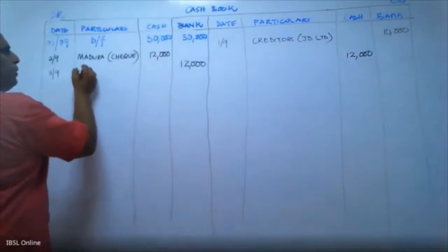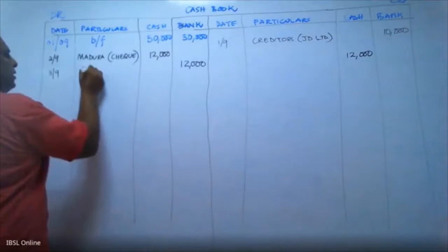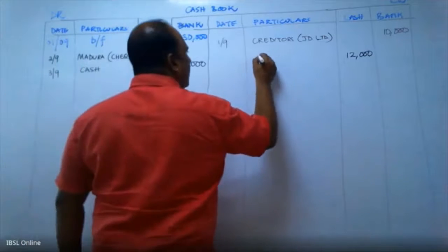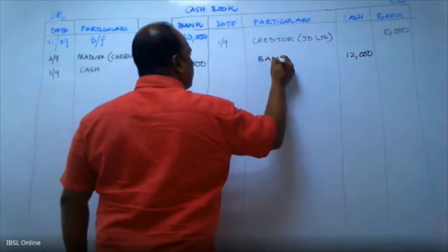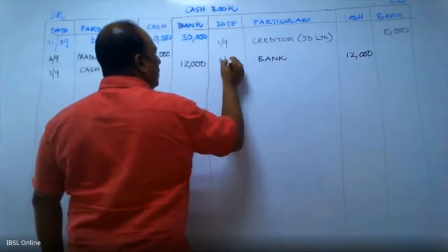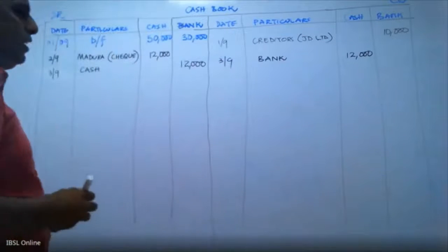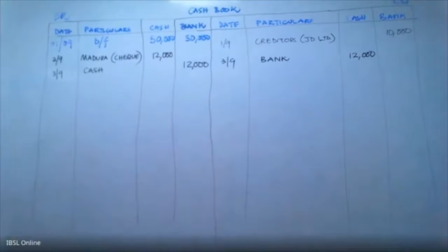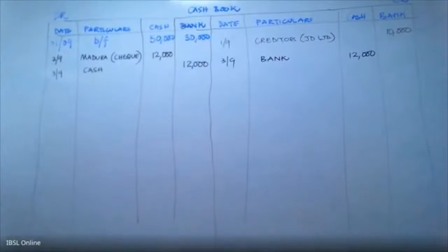Here we will say cash. There you will say bank on 3rd of September. This is a classic example of how you account for checks when you receive and deposit them on the subsequent day. Very important. Please note that.